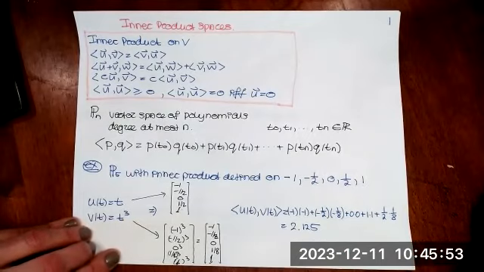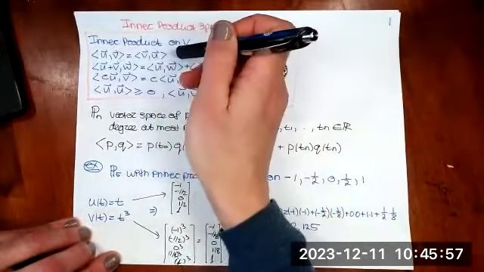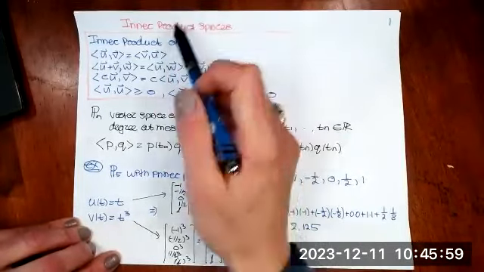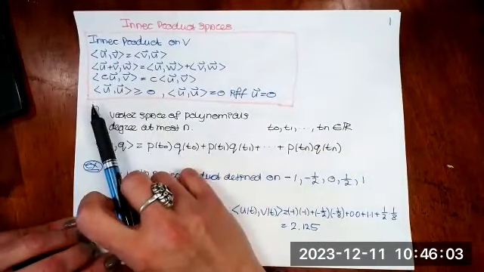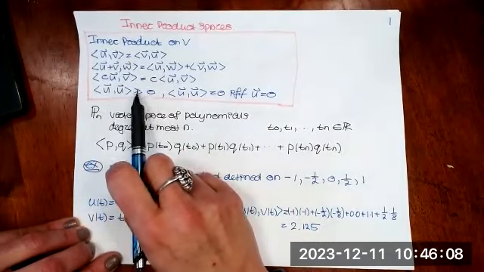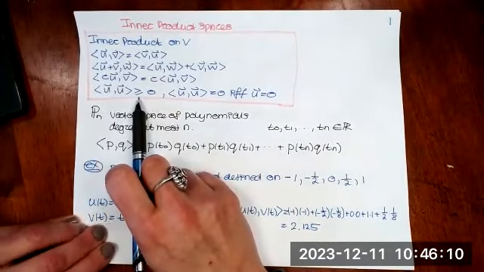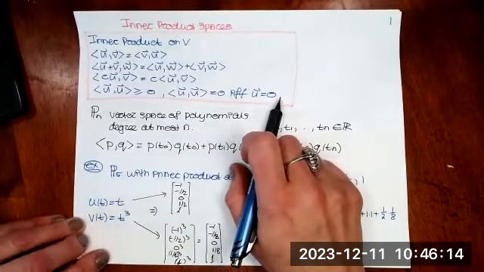All it has to satisfy are those conditions: it's a function assigned to 2 vectors that's commutative, that you can distribute, you can factor out constants, and if you take the inner product of a vector with itself, it's greater than or equal to 0 and only equal to 0 if u itself is 0.